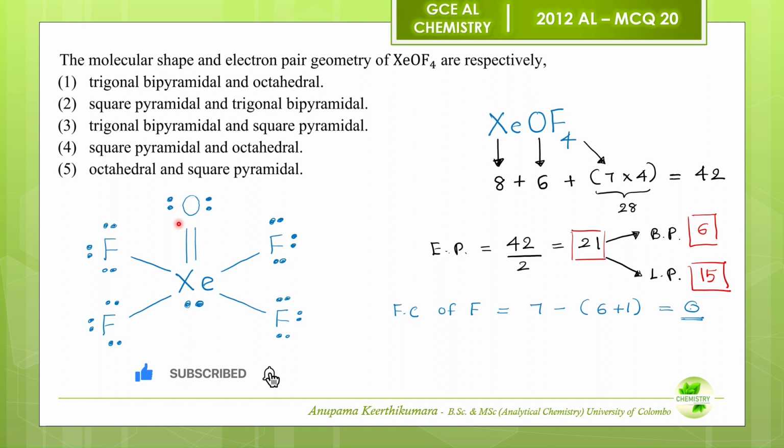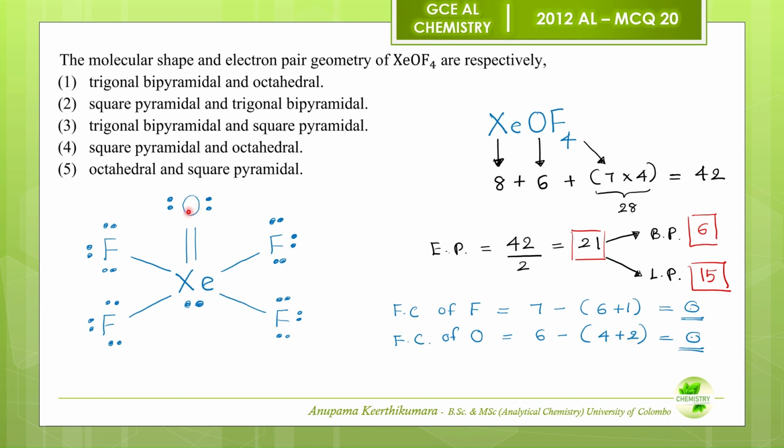Now we will calculate the formal charge of this oxygen atom. Formal charge of this oxygen atom equals number of valence electrons, that is 6, minus number of electrons in lone pairs, 4, plus number of bond pairs, 2. Therefore, the formal charge of this oxygen atom is 0.